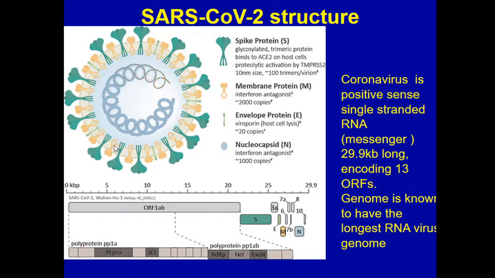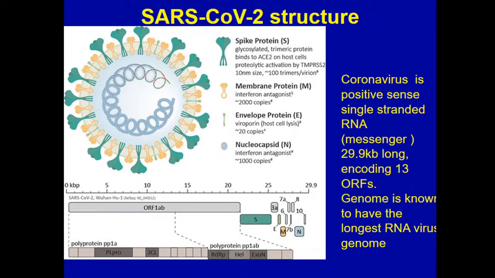This is the lipid membrane taken from the human, mainly endoplasmic reticulum. And then several types of proteins are inserted into this membrane. The most important one is a spike protein. This is a glycosylated protein made up of two monomers, S1 and S2.